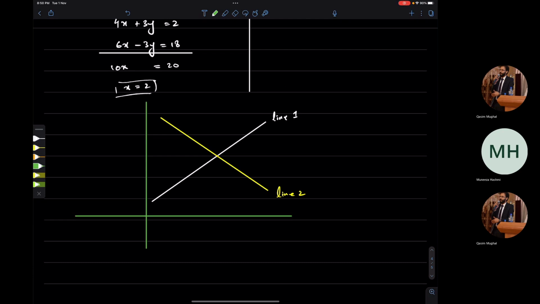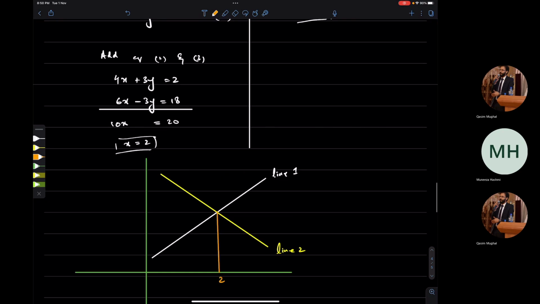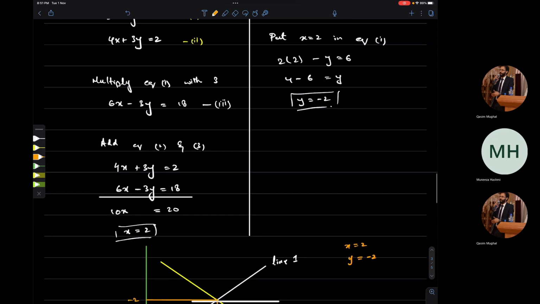At the intersection point of the two lines, the x value is going to be 2 and the y value is going to be negative 2. So this was just a rough graph. Negative 2 is not above the x-axis. It was just to explain that the intersection point, x equals 2 and y equals negative 2, is the solution. Clear?